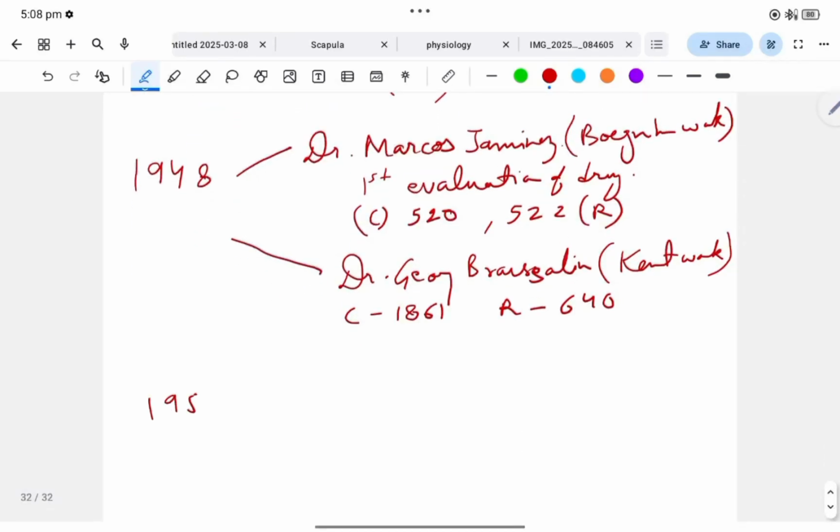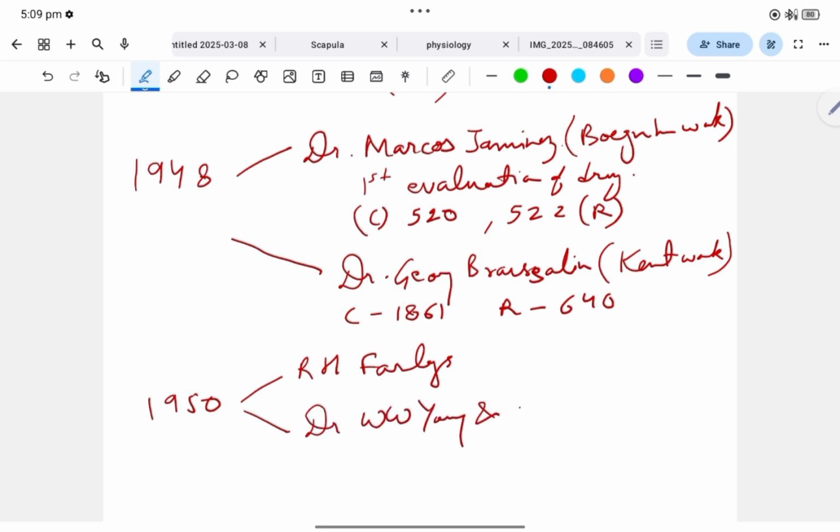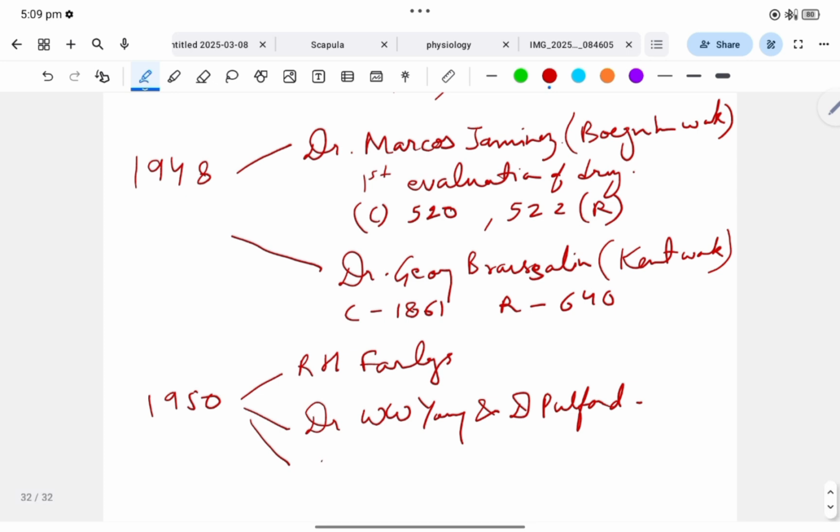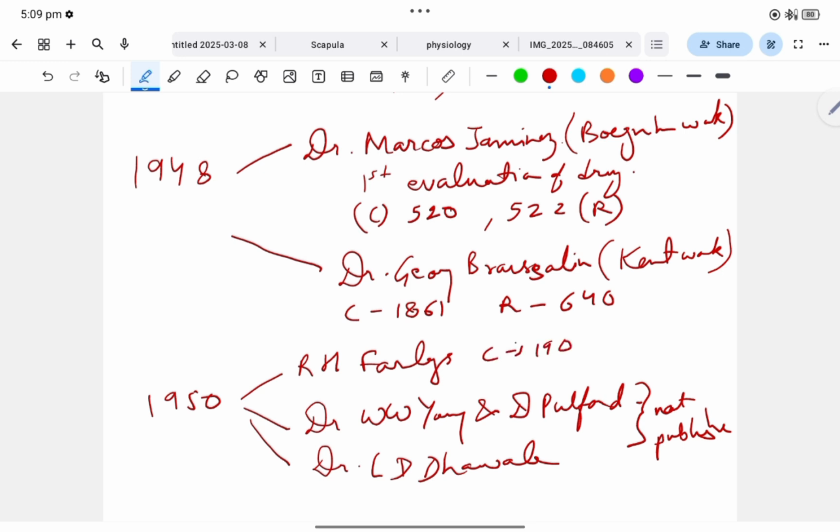Then in 1950, three card repertories came. First by R.H. Farley's, then another by Dr. W. Young and D. Pulford, and the third was Dr. L.D. Dhavle. But these two repertories were not published. And the number of cards in this repertory was 190.